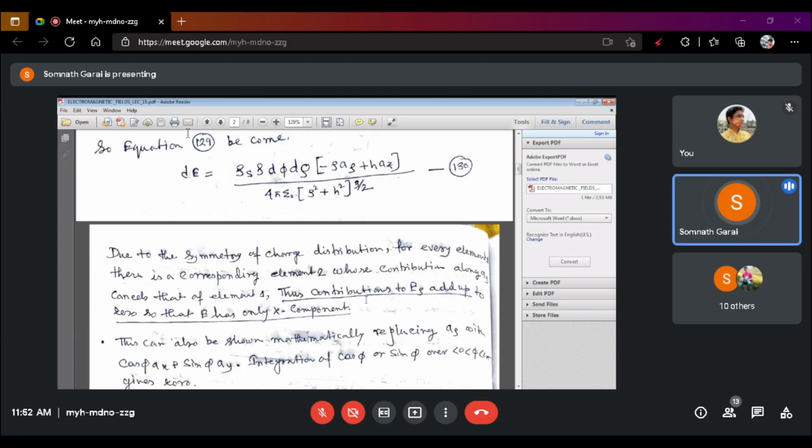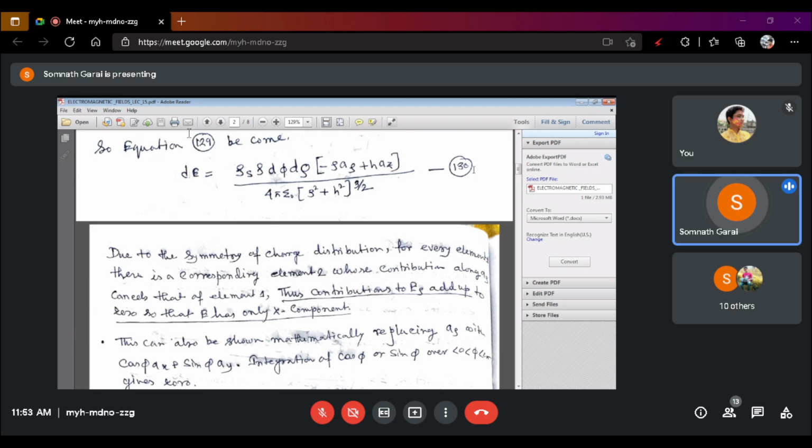Right? So the electric field intensity of equation 30 only has the Z component, because equal and opposite charges situated along the rho direction cancel out each other.